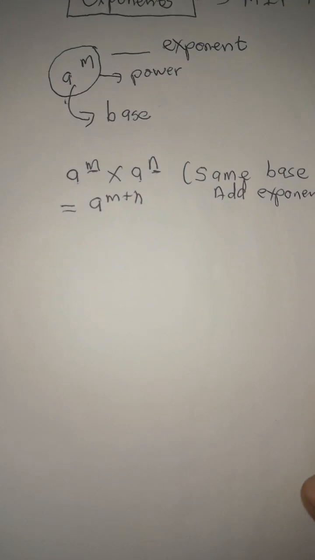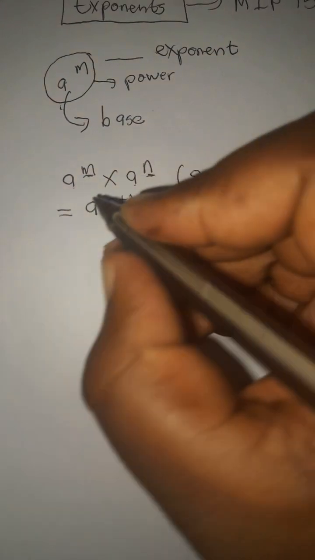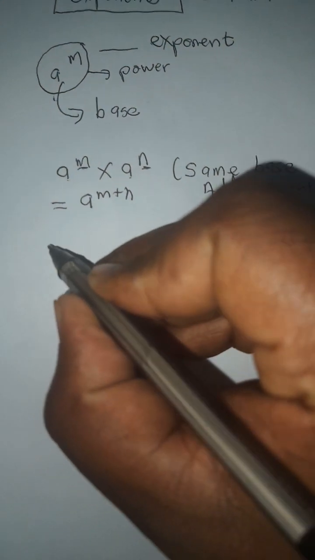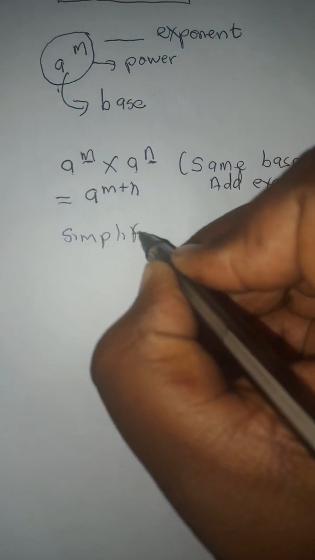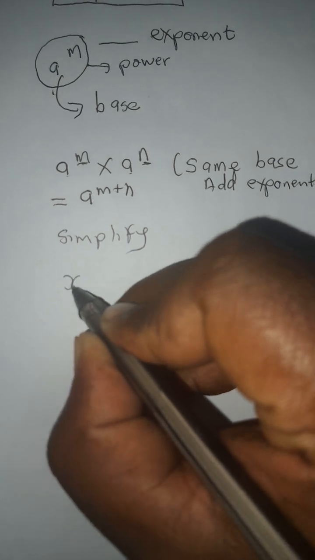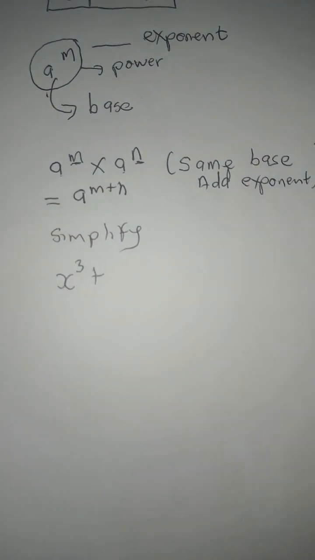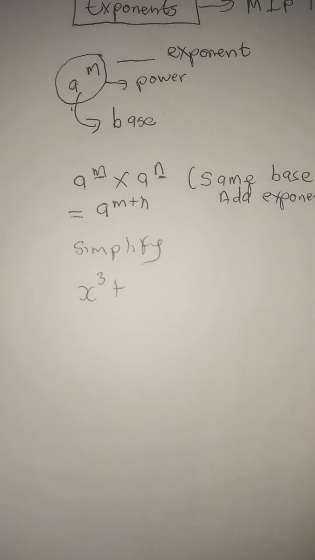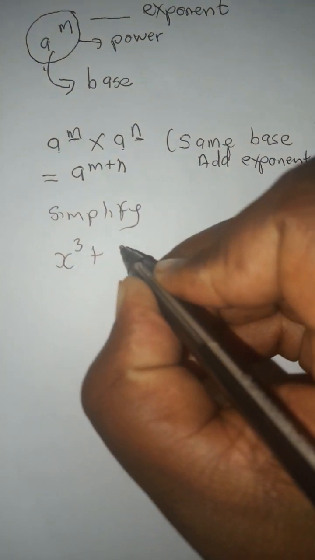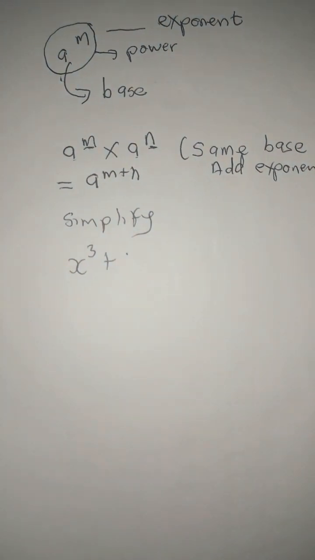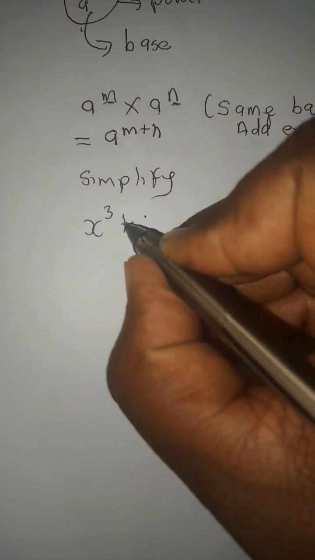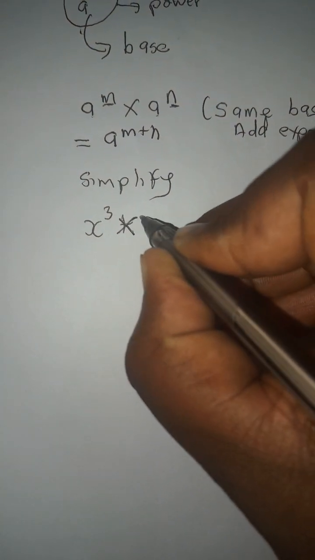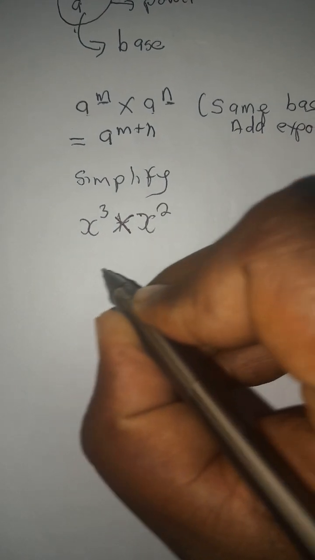So it's a very essential law. Probably they might give you something like this. They will just say simplify x cubed multiplied by x squared, right?